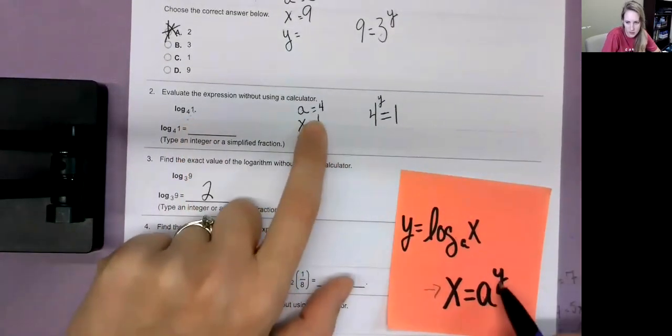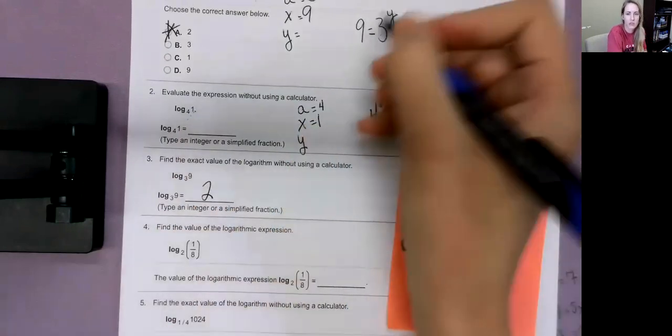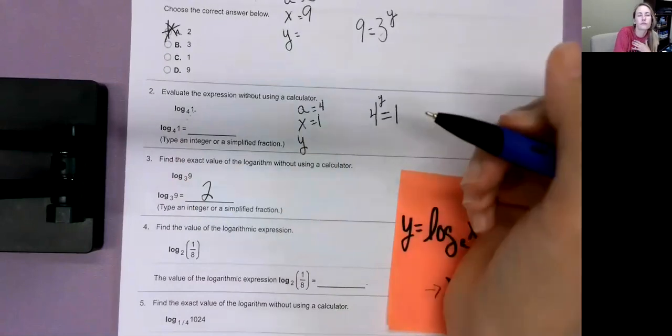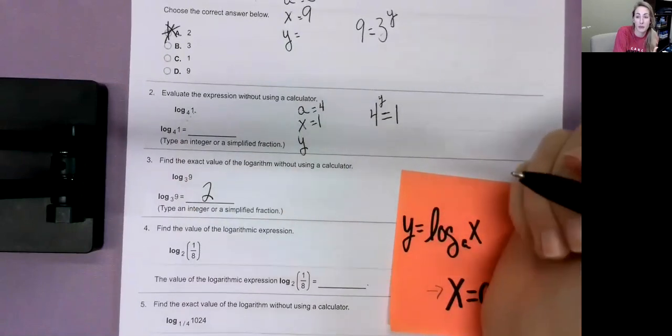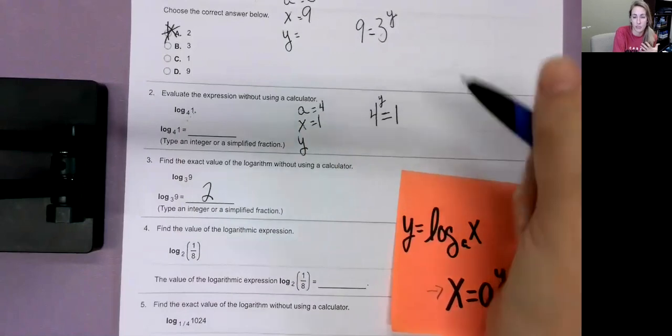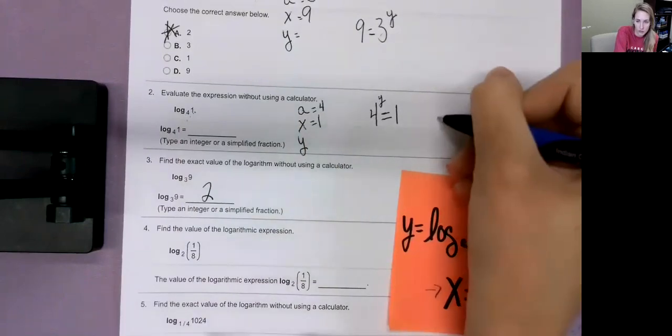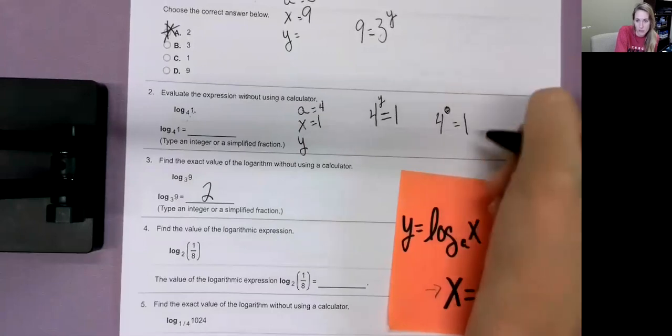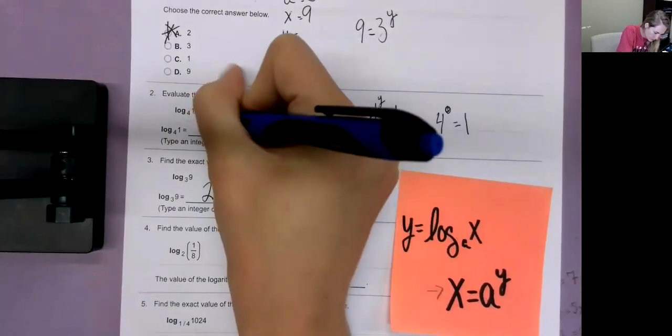To get this 1, it's the 0 exponent, because the 0 exponent rule is anything raised to the 0 power is 1. So 4 to the 0 power equals 1. So this one's 0.